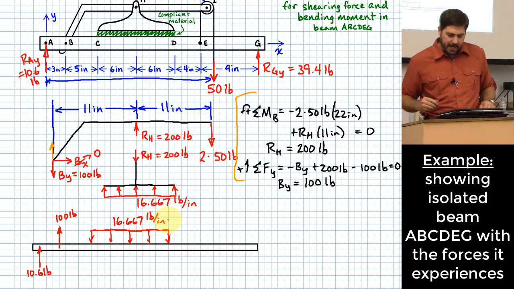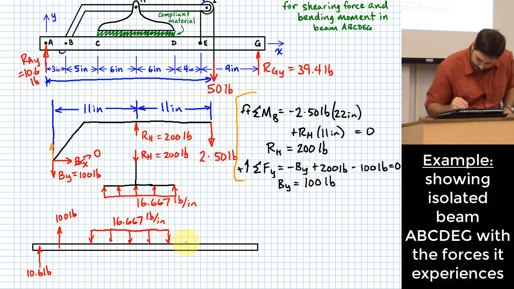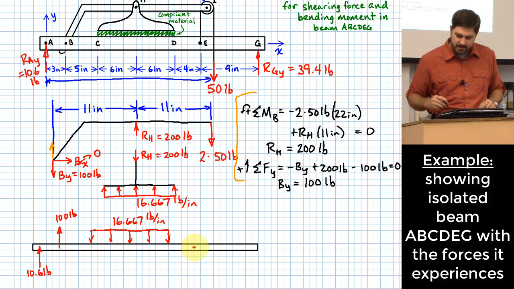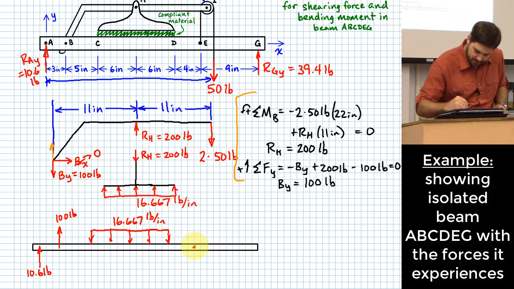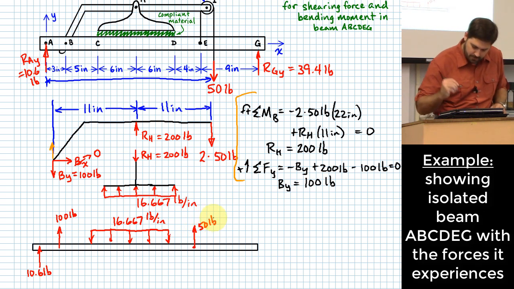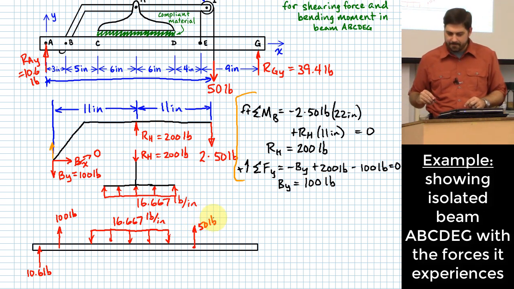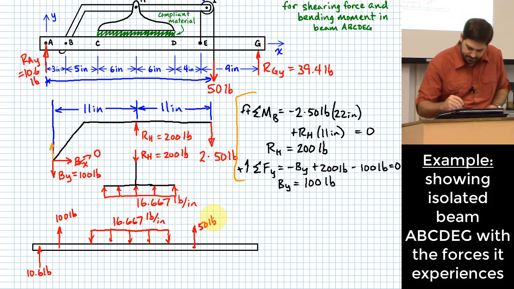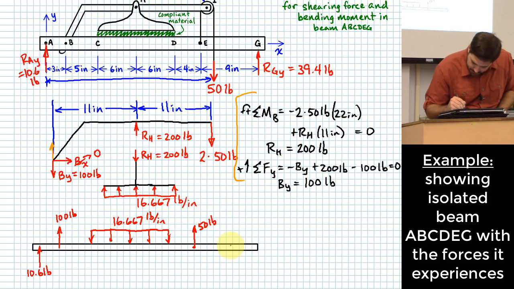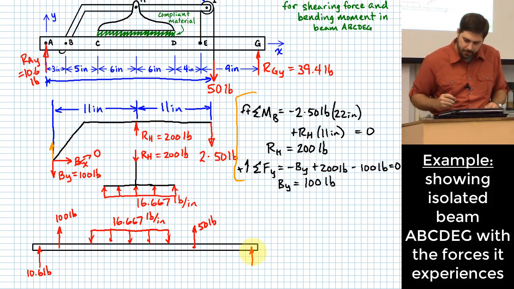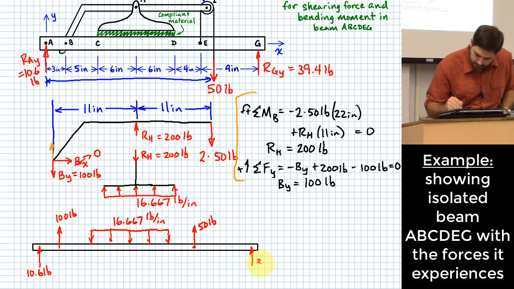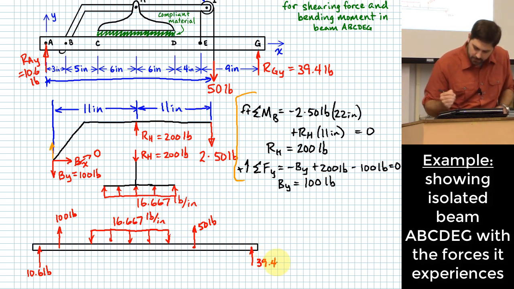What do I do next? Do I need to do anything where the rope connects at E? 50 pounds up right there. Then what? A reaction force upward here of 39.4 pounds.